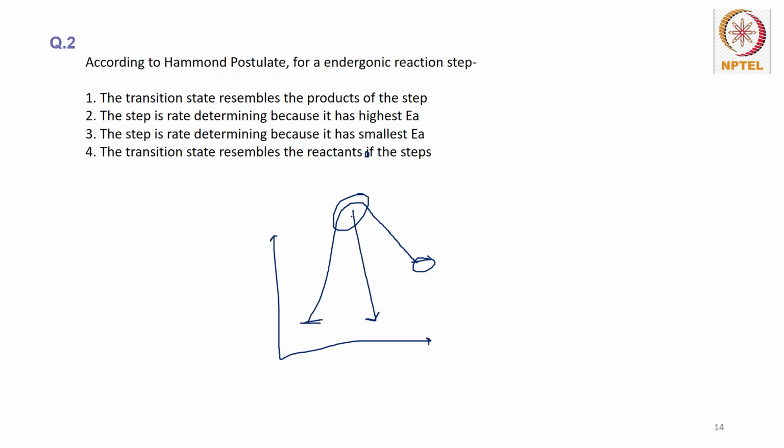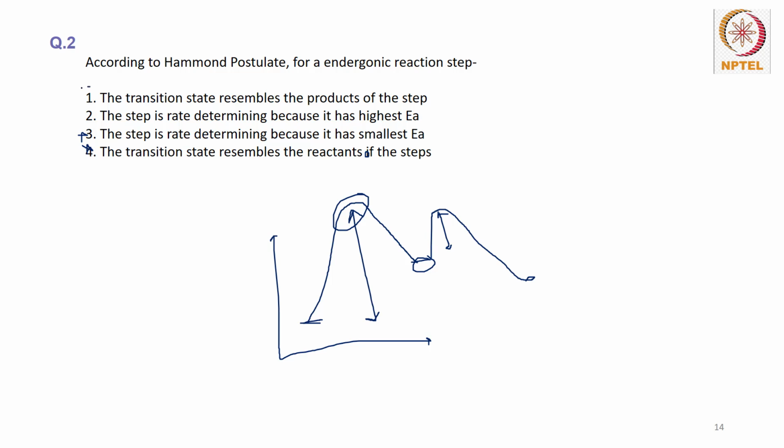If the next step is exothermic, then that step has the highest activation energy, so it is always the rate determining step. So if 2 is correct, then automatically 3 is not correct. If 1 is correct, 4 is automatically not correct.